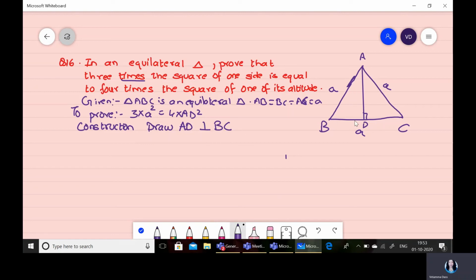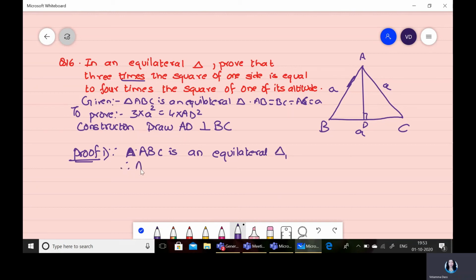Now once the perpendicular is there, you understand that we will use Pythagoras theorem. Again we use the property of the equilateral triangle: since triangle ABC is equilateral, AD is the altitude and also the median.